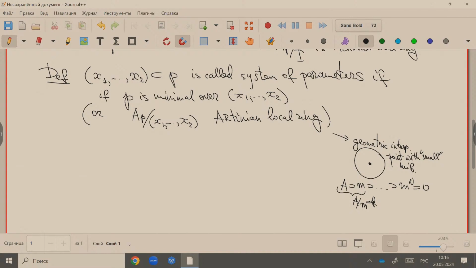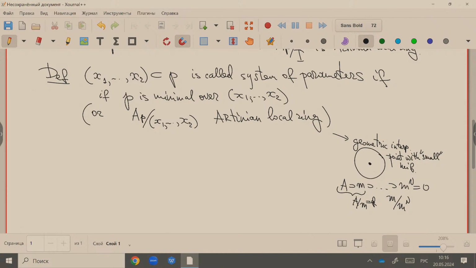So in order to go further from just A modulo m, you should go down to the ideals of the form m^n modulo m^(n+1), which are filtered by finite dimensional vector spaces.